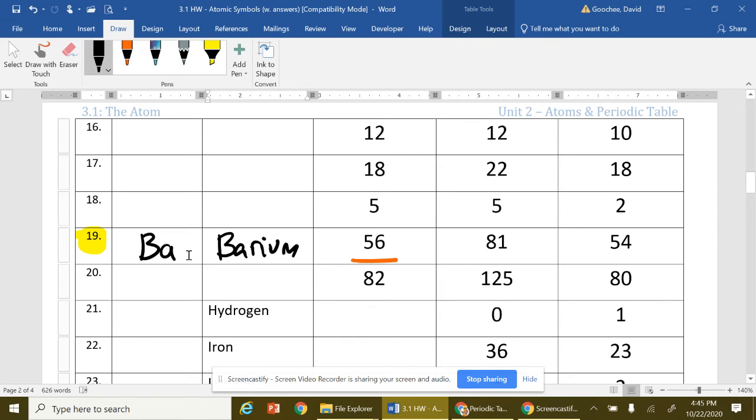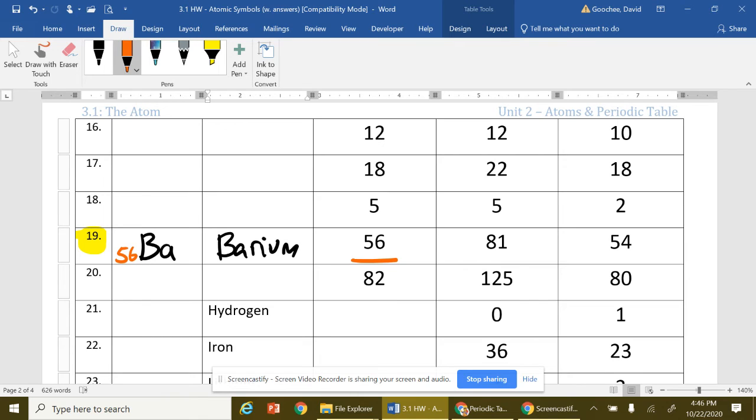Okay, now to start filling in the blanks. The number in the lower left is always the atomic number. That's just the number of protons. So I can just write 56. In fact, this lower left number is so common, it'll oftentimes just not even be written, because if you know it's barium, you know it's element 56 already, and so you know what number of protons it has.